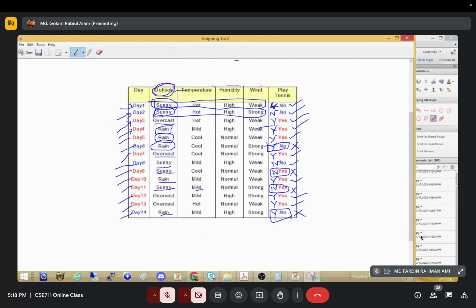Day 6 is misclassified, so the weight of that misclassified instance will be 0.11. There is also another misclassified instance, which will be 0.11, and another one here, 0.1, and another one here, also 0.1.